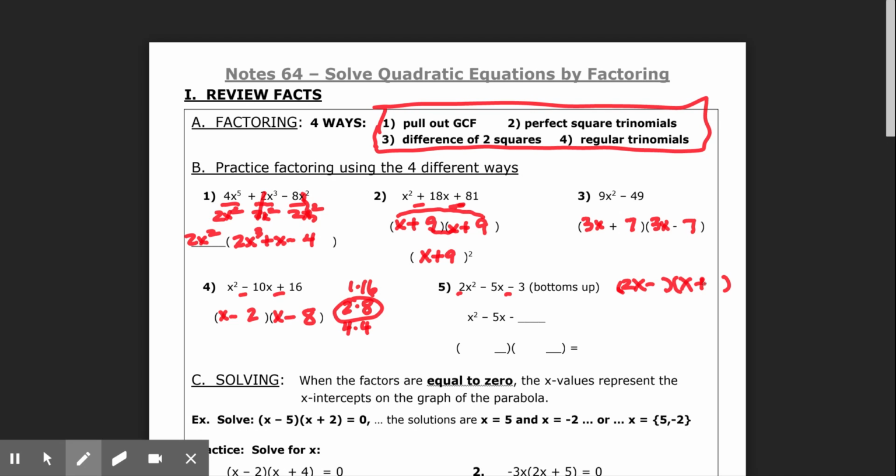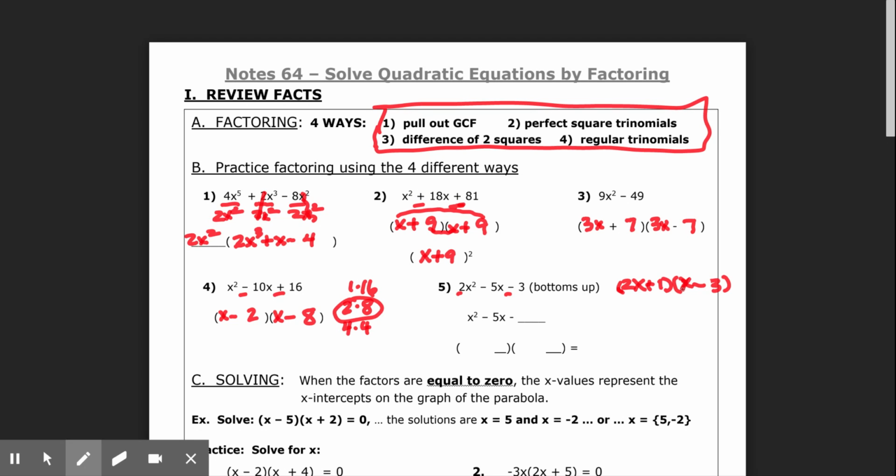So let's see, we need a 3 here and a 1 here, so we need to change the signs. Okay, so what we're going to do is erase this. So this will be a plus and this will be a minus. So that'd be a negative 6x and a positive 1x, which is negative 5x in the middle, and then 1 times negative 3 is negative 3. So you could do that by trial and error, just by using the regular trinomial method.